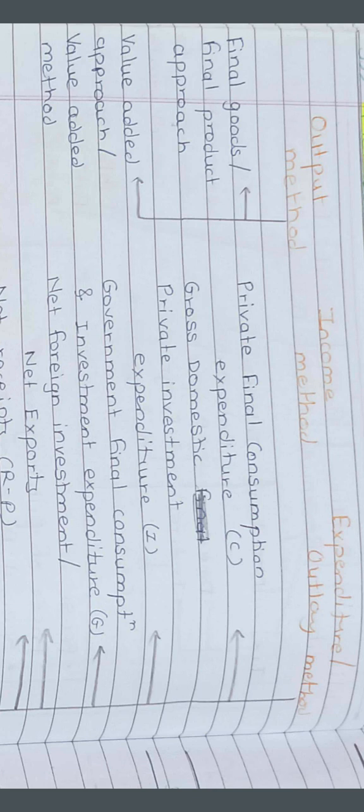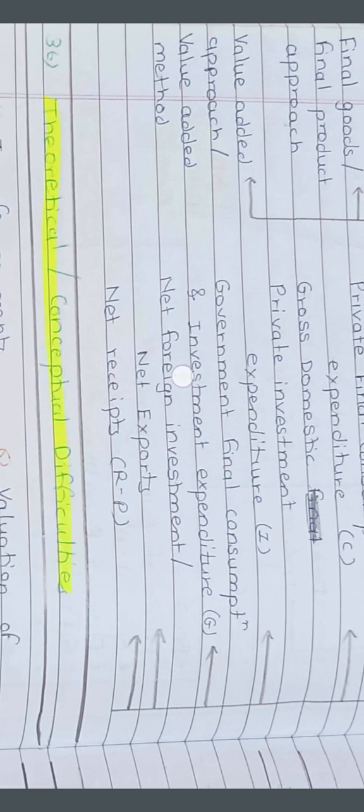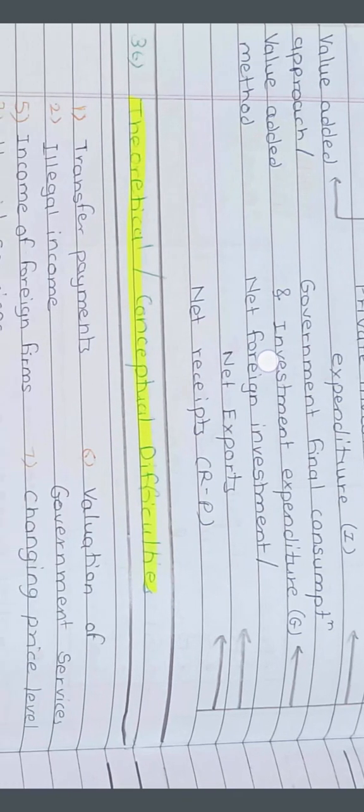And expenditure or outlay method contains private final consumption expenditure, that is C, gross domestic private investment expenditure I, government final consumption and investment expenditure G, net foreign investment or net exports, net receipts R minus P, that is receipts minus payments.